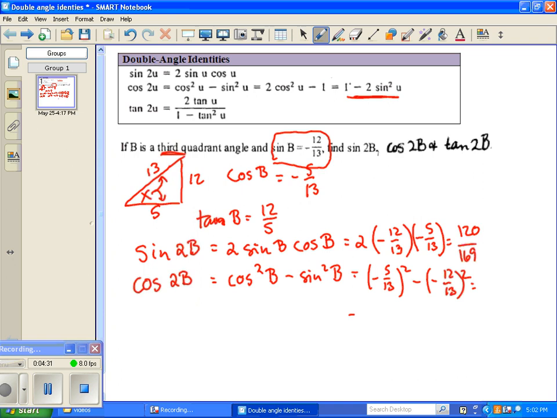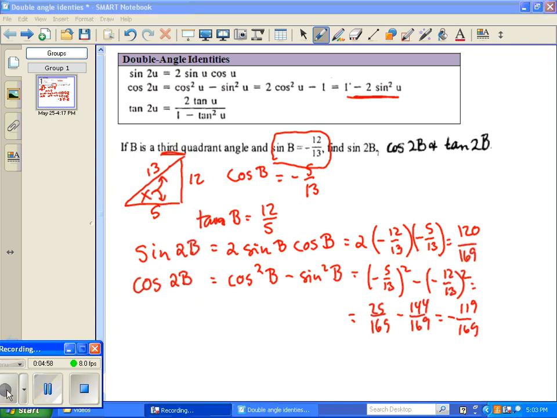So when I square these two, I get 25 over 169 minus 144 over 169. So my answer will be negative 119 over 169.